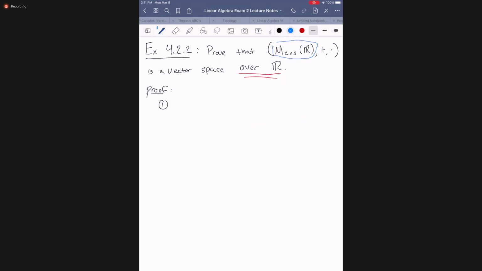This thing, right? This is my V. So pick two matrices A and B in my 2x3 set.